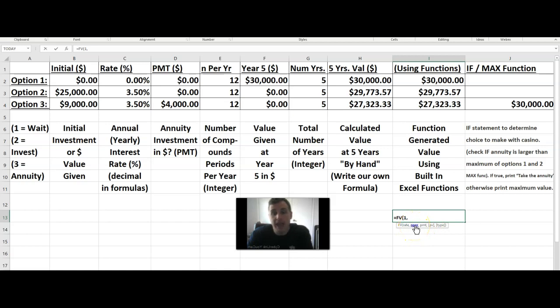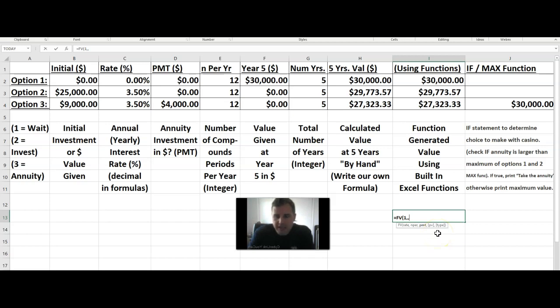The next one is Nper. That's the number of periods. Now the number of periods is going to be the number of times you compound per year times the number of years. And then PMT is the payment, how much you pay into the investment. Okay? Now this PV and type are optional. That's part of the reason they're in brackets.